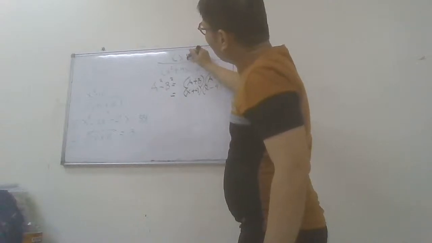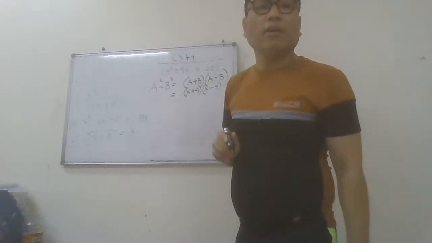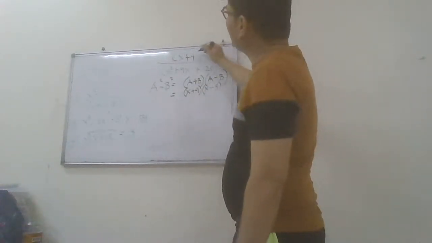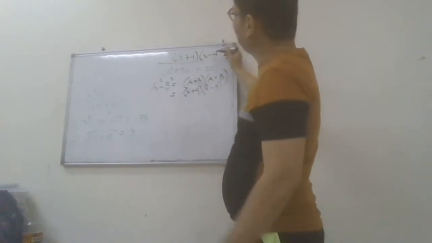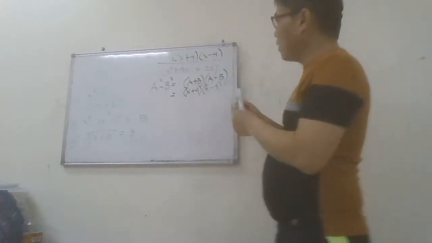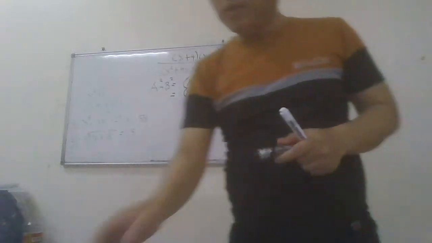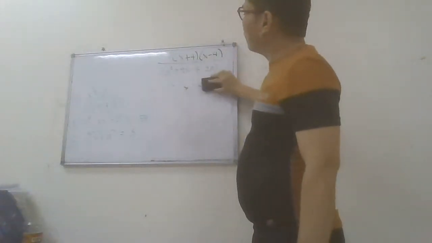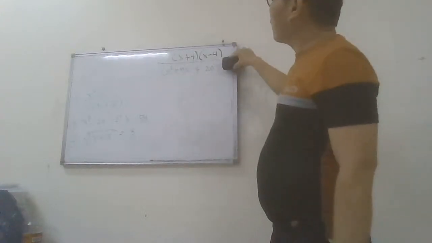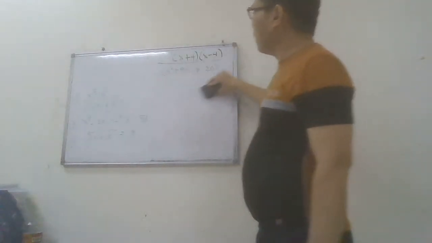x plus 4, clear? Okay, it's x plus 4 times x minus 4. Let's erase this one because it's finished already. Now we go to the denominator. We cannot factor out by grouping. This is a trinomial, or quadratic equation.